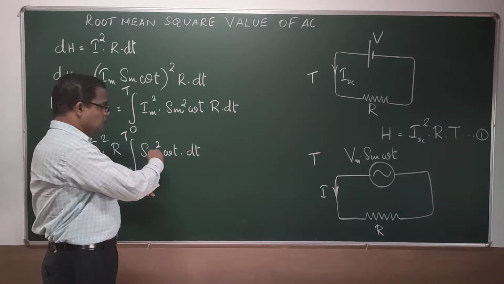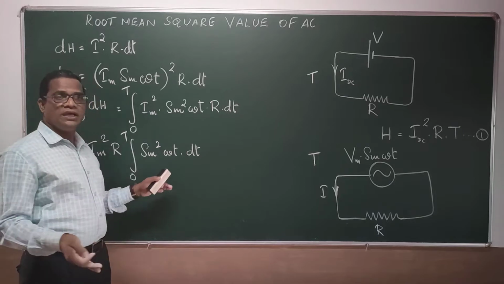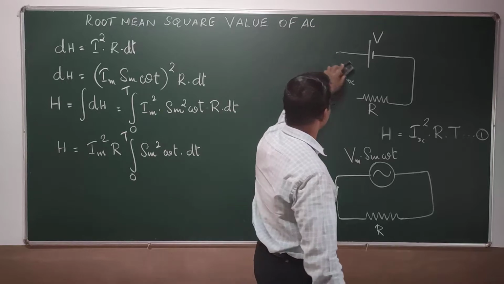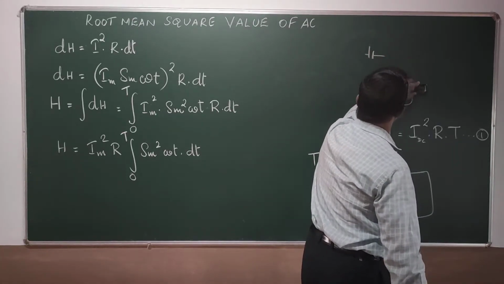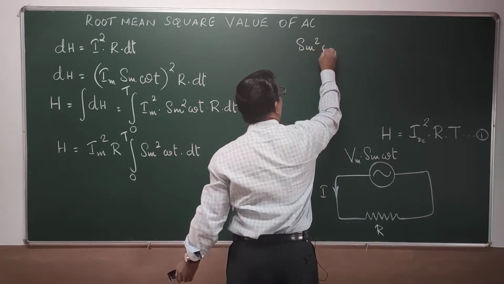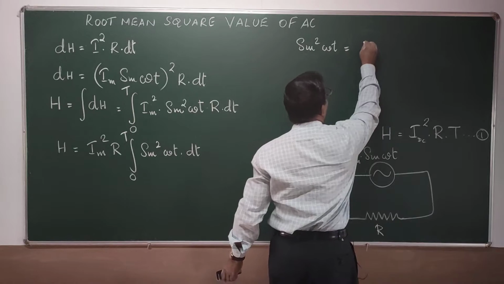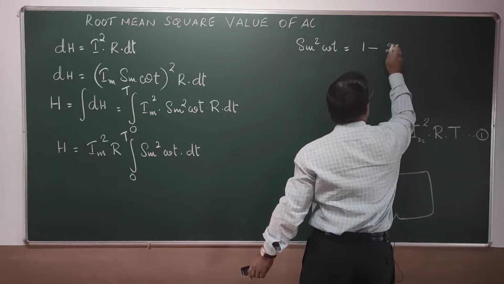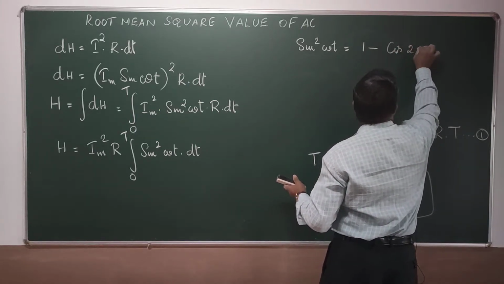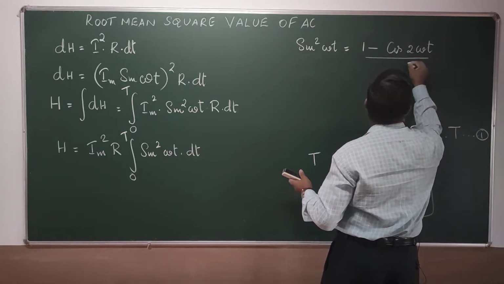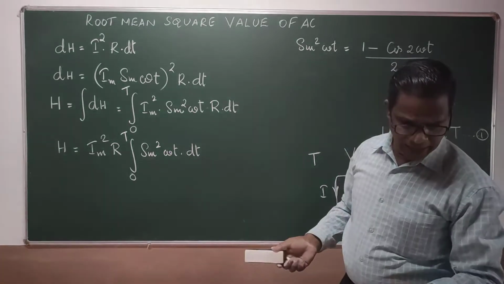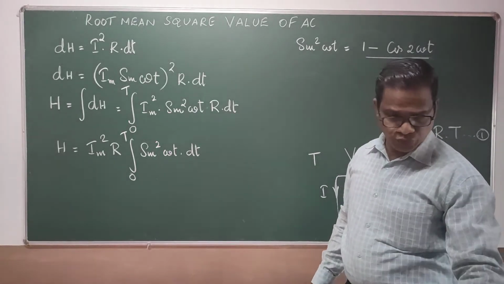Therefore, I convert this sine square into a squareless format: sine squared omega t can be written as 1 minus cos 2 omega t whole by 2.